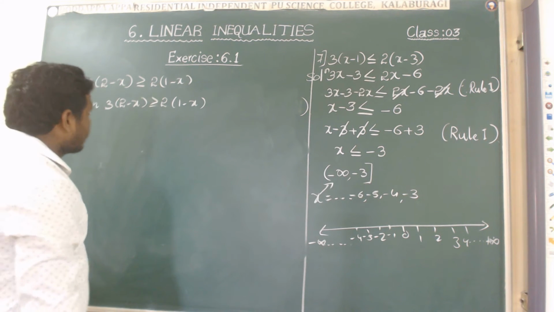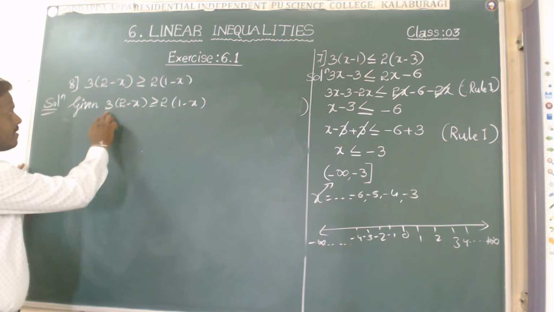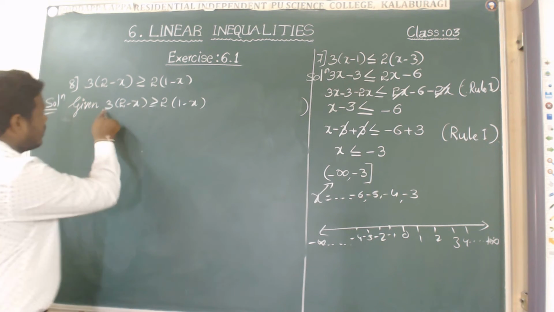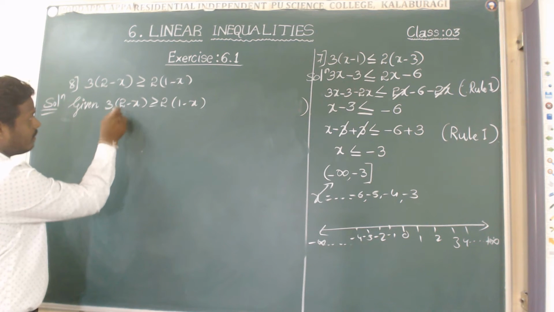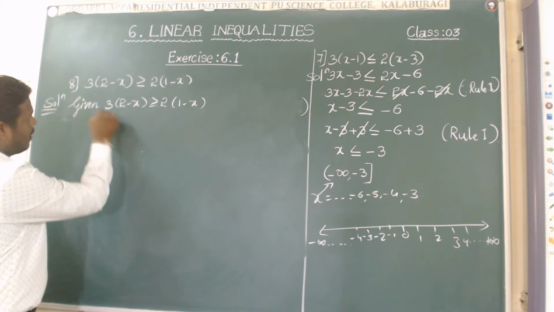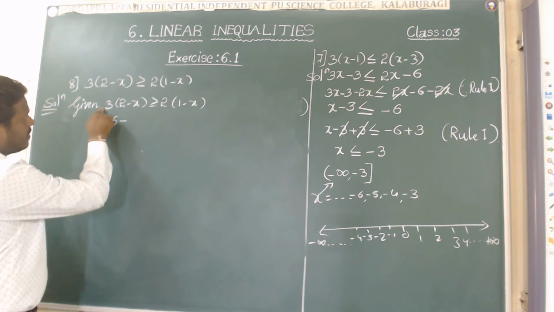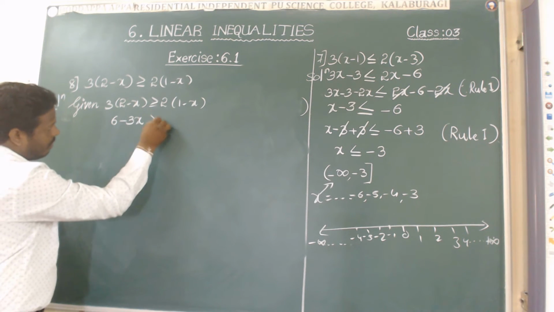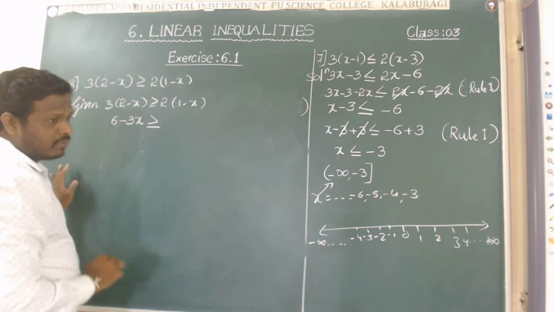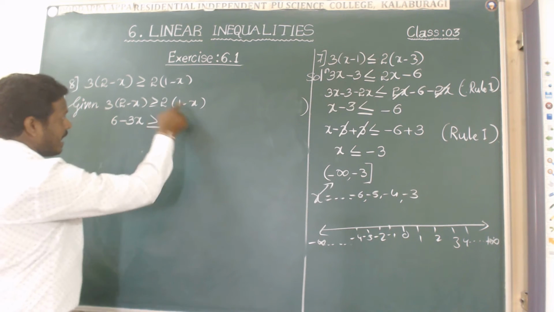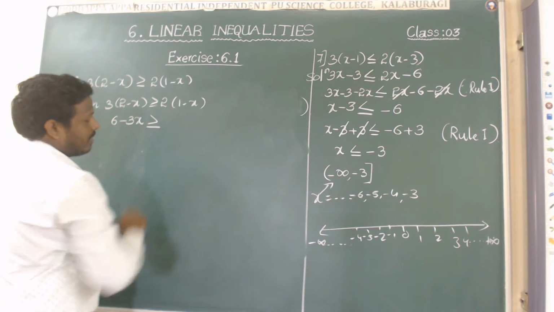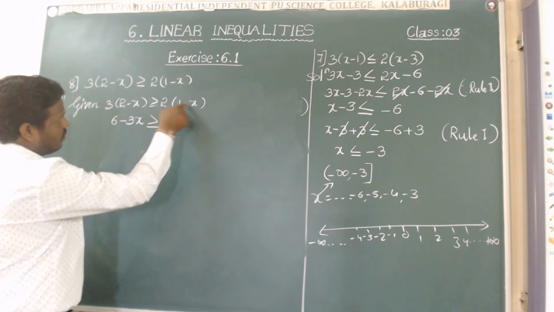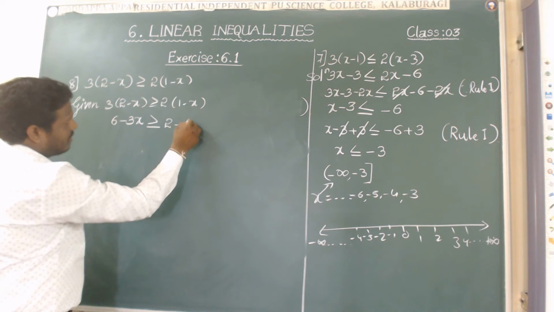Yes? Okay, then the next step is to multiply 3 with both terms inside the bracket. 3 into 2 is 6. Plus into minus is minus, 3 into x is 3x. You simply write the inequality as usual. Again with 2, you have to multiply both terms inside the bracket. 2 into 1 is 2, plus into minus is minus, 2 into x is 2x.